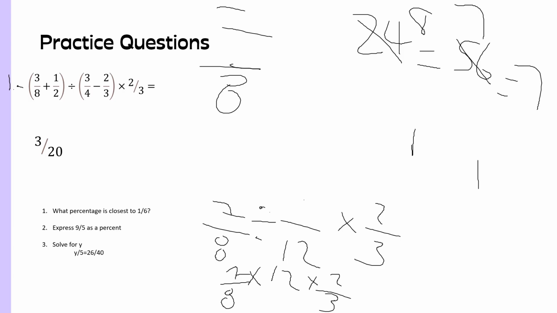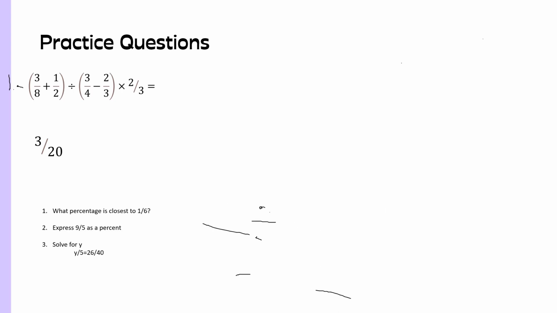Let's move on to the second problem. So number 2. So 3 divided by 20. Change that into a decimal.